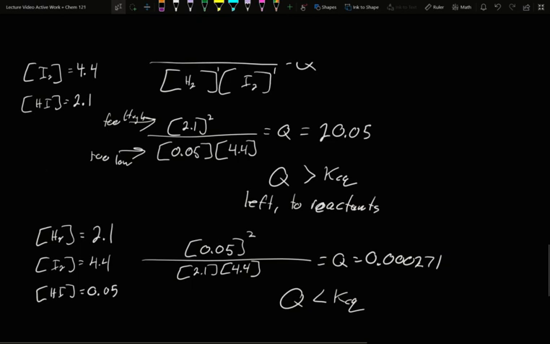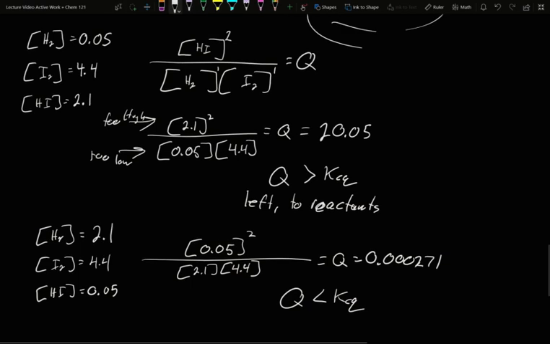Well, if we think about why for the math, well, it's because of the values that we changed. We had 2.1 squared on top, which gives us a fairly large 4.41. But if I have 0.05 squared, this gives us a 0.0025.